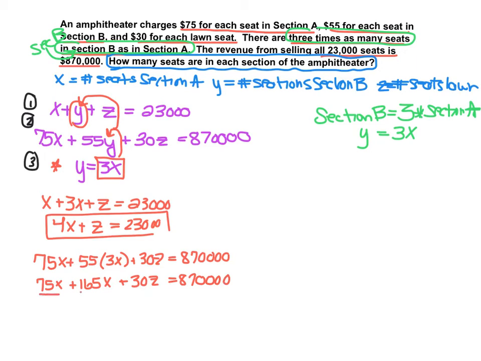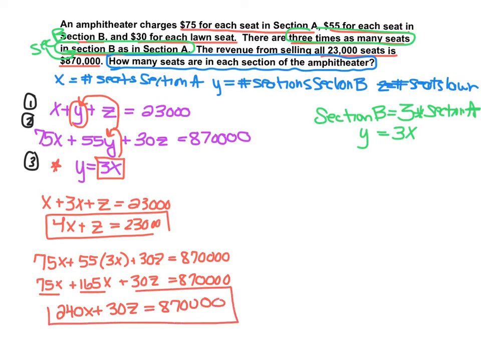I then can combine the 75x and the 165x because they are alike terms. So I end up with 240x plus 30z is equal to 870,000.